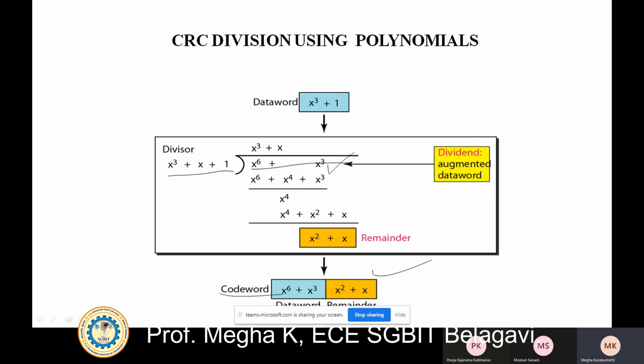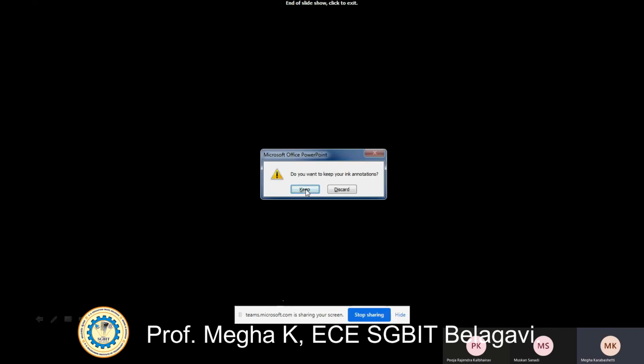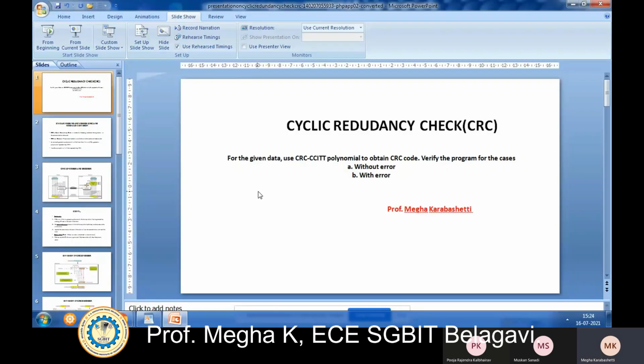So this is how we calculate the CRC. While writing the program, what are the requirements here? First, the data word is required, an array or sequence of ones and zeros.